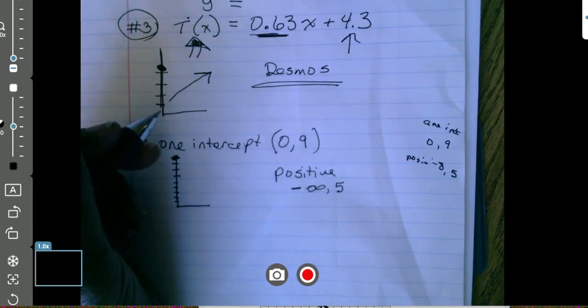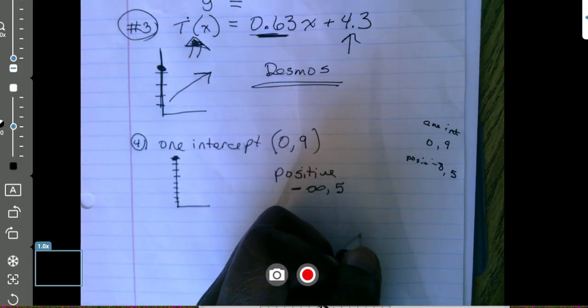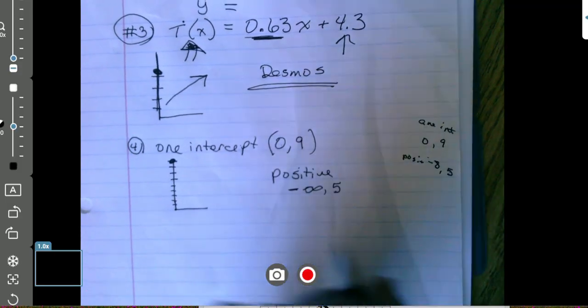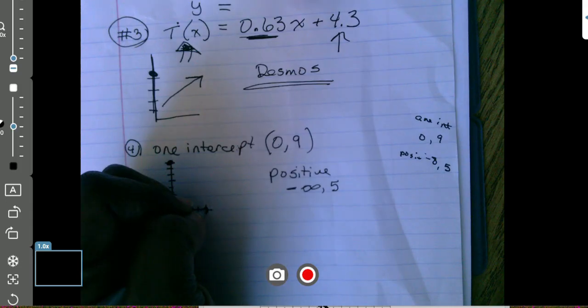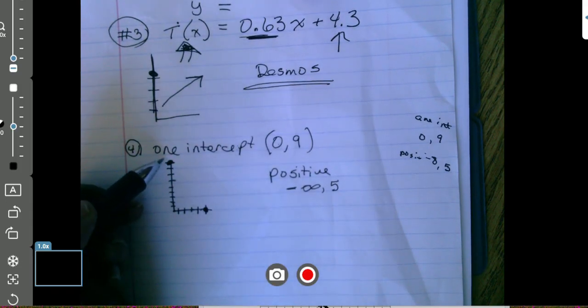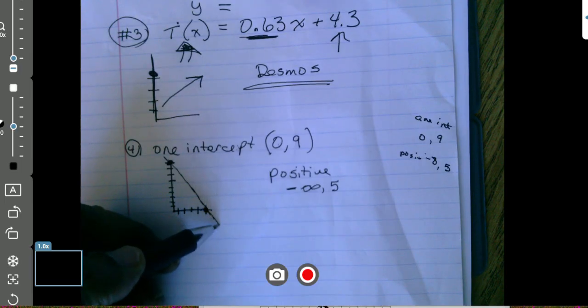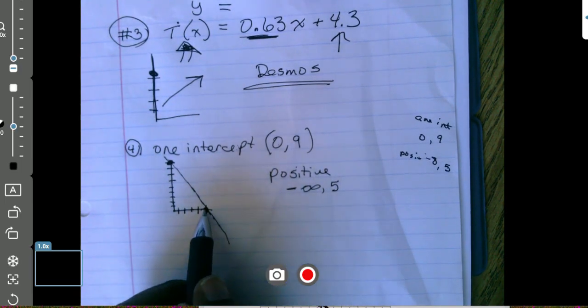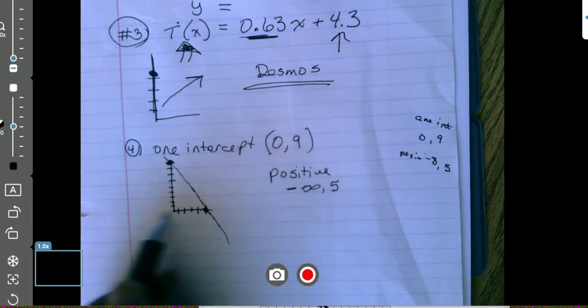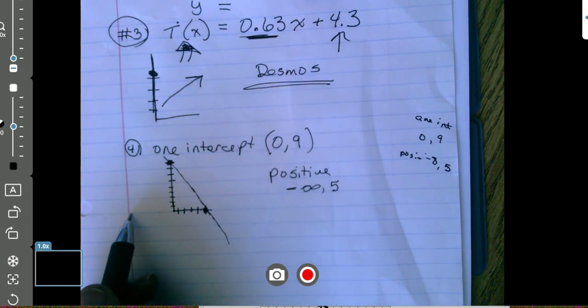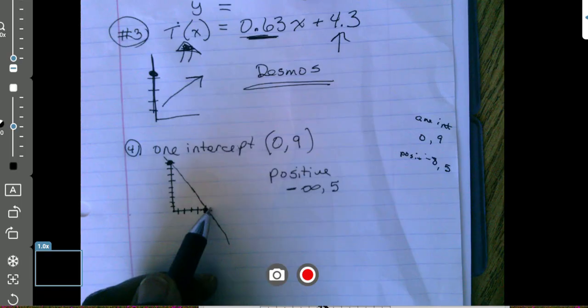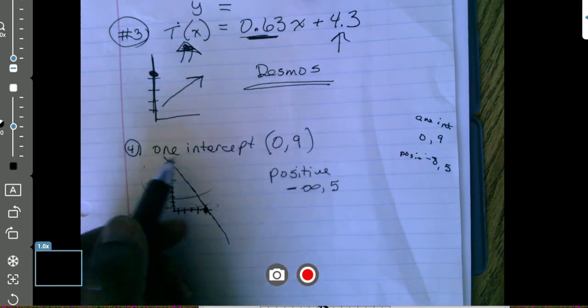That means when the graph gets to 5 on the x, it becomes negative. Now, this won't work because from negative infinity up to 5, the graph is in the positive area. So this will not work.